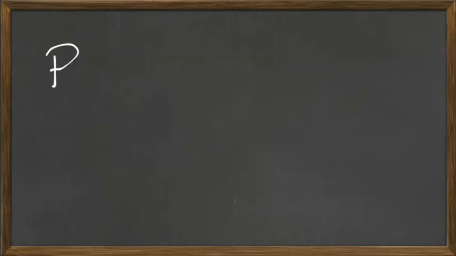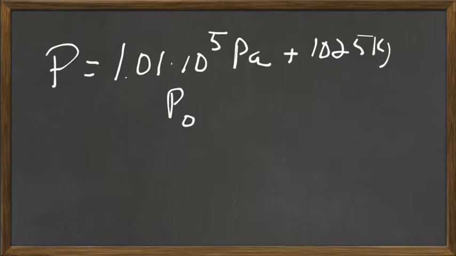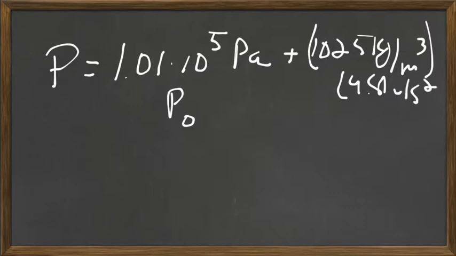So my pressure at depth would be 1.01 times 10 to the 5th Pascal, P sub 0, plus density of seawater, 1025 kilograms per meter cubed on average, and remember, densities would be given to you on a test, times gravity, 9.81 meters per second squared, times that depth of 120 meters.